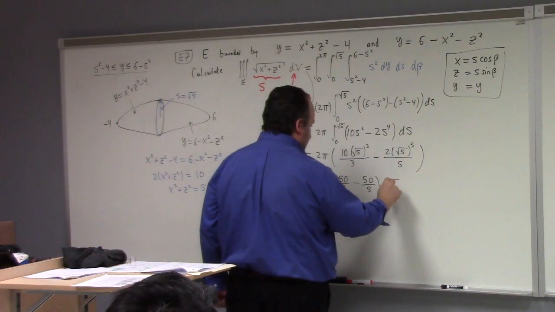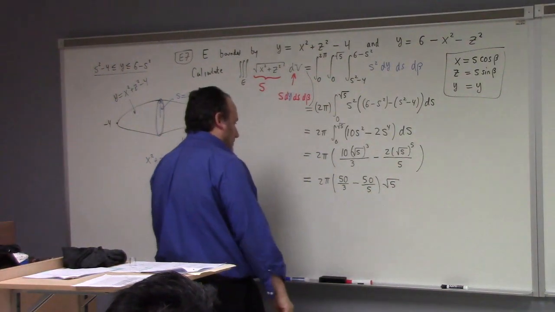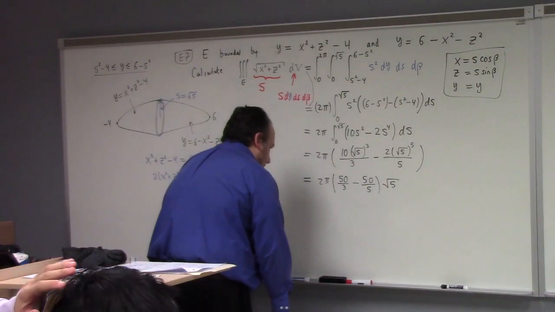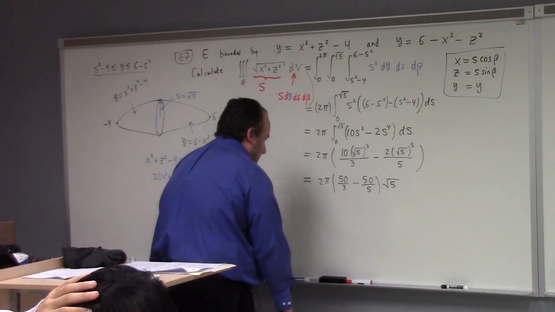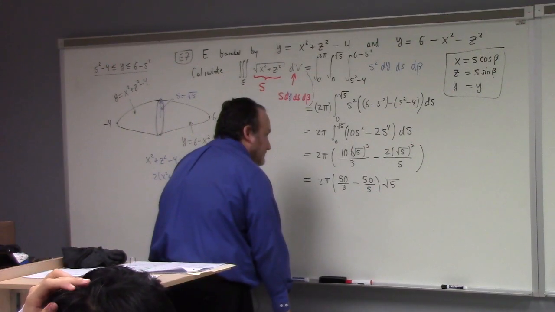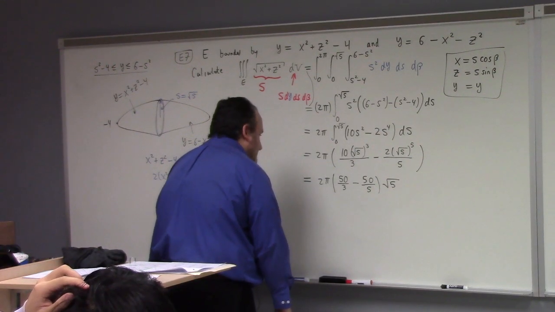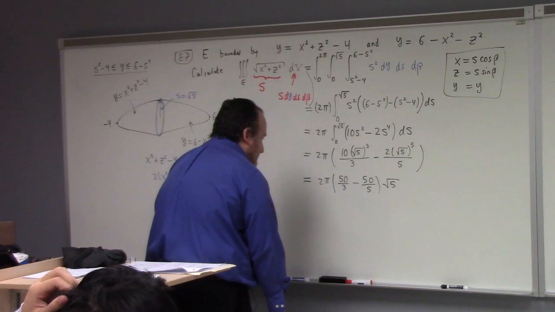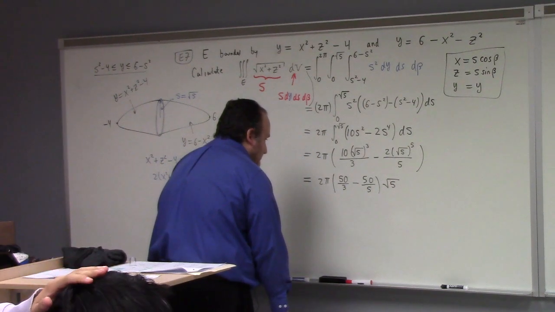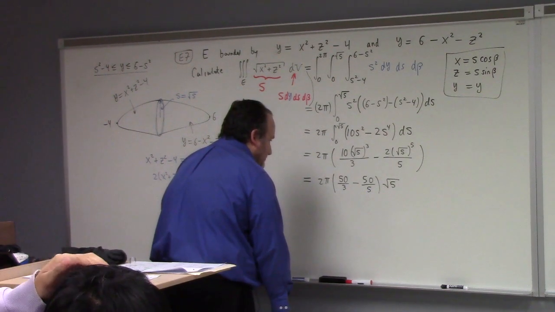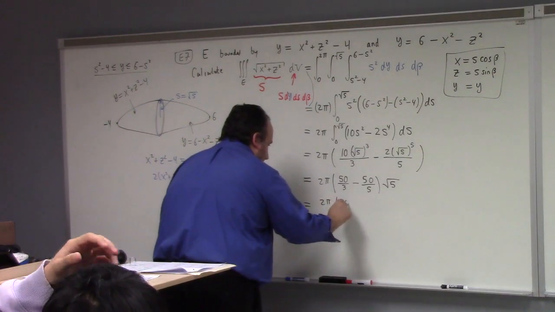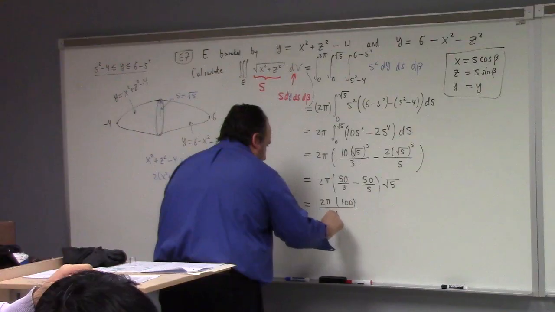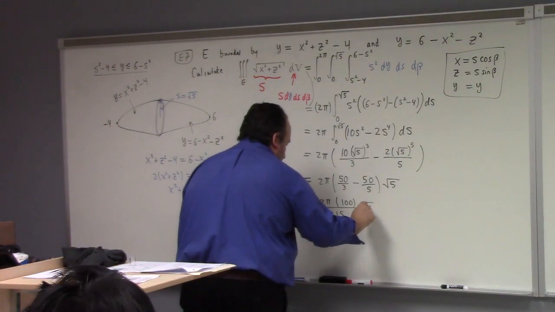times the square root of 5, which is, okay, 2 pi times 100 over 15 square root of 5.